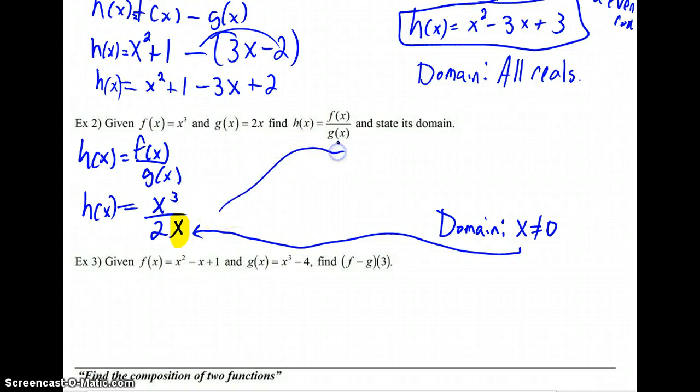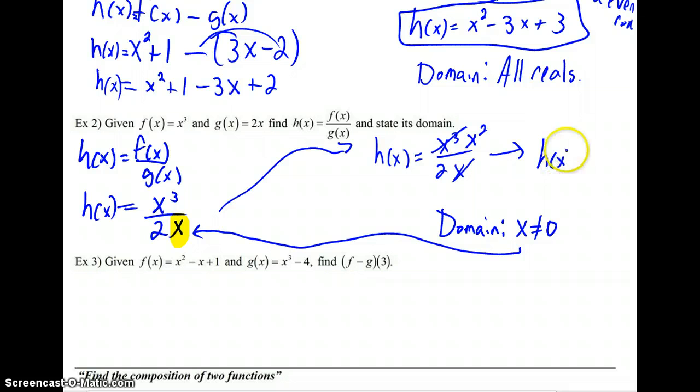So continuing on, we could actually reduce and cancel. We could say x to the third all over 2x. Well, you know that x to the third, really there are like 3 x's up on top. This x will cancel, leaving us with just x squared up above. So our final answer would be x squared all over 2.